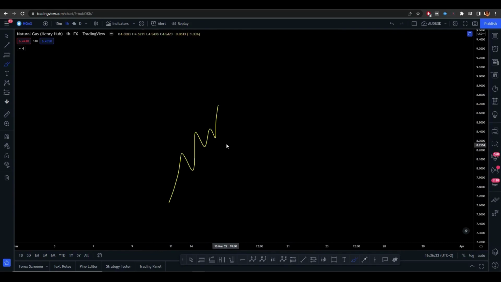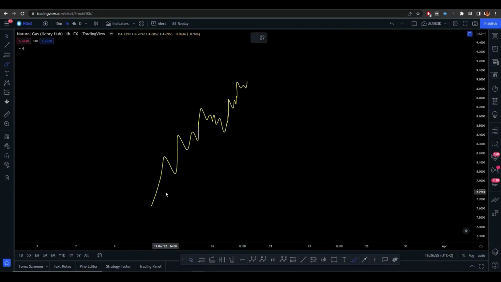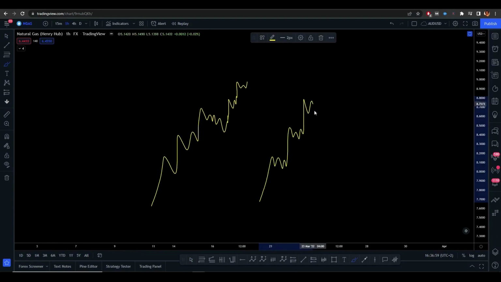There's usually a brief corrective movement before the trend starts to resume, but at a much slower and more sustainable pace. Okay, so a break in a steep trend line usually signals a continuation rather than a reversal. And this is because, remember, it's less sustainable, something that just goes extremely quickly at a high pace.